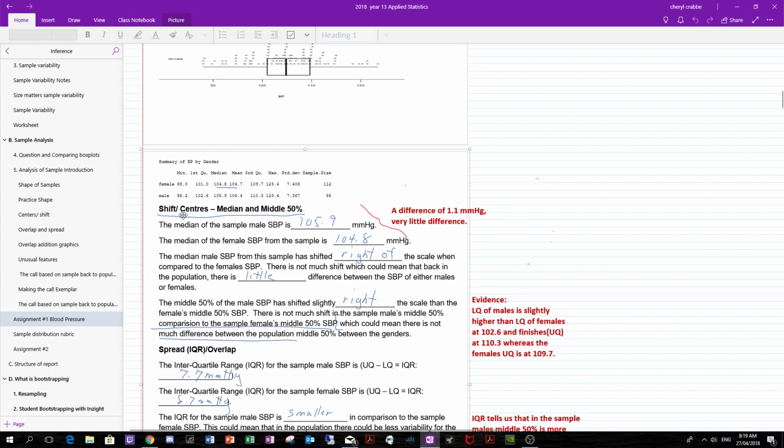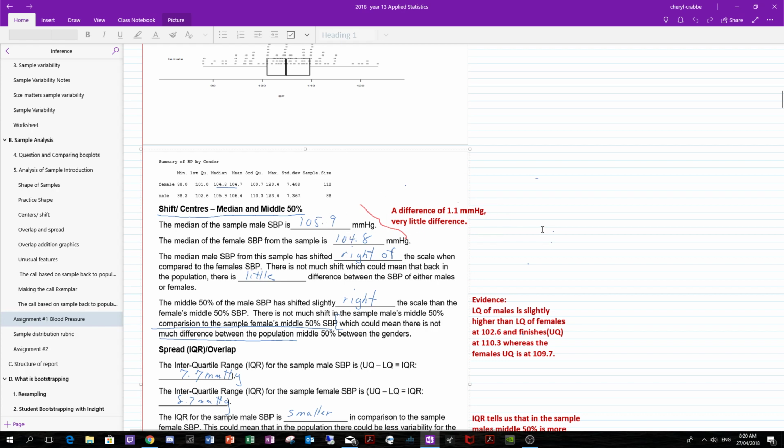So we first look at shift and center. We talk about the medians, what they are. The median of the sample of the males is 105.9, the median of the females is 104.8, and the difference between the medians is 1.1 mmHg, which is the unit for blood pressure. So there's very little difference between these two.